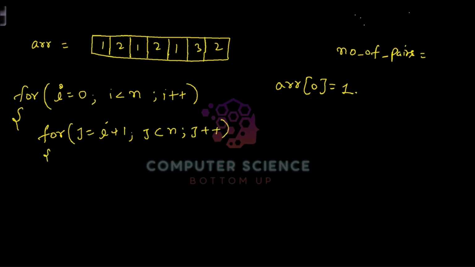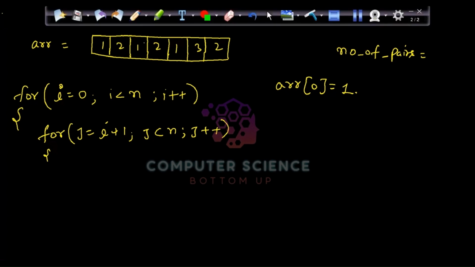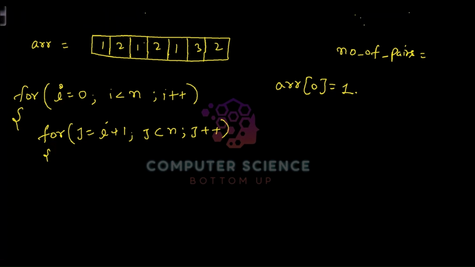Right? And I am going to look whether the two matches or not. So this is the outer for loop, right? So for every i, when i is equal to 0, I am going to check through the rest of the elements.